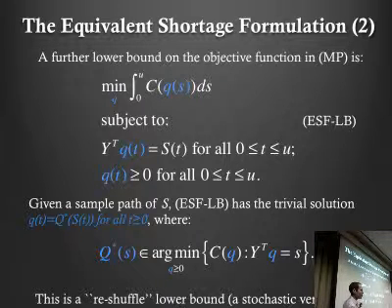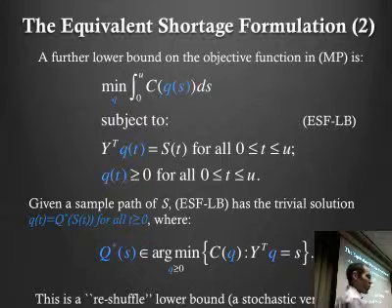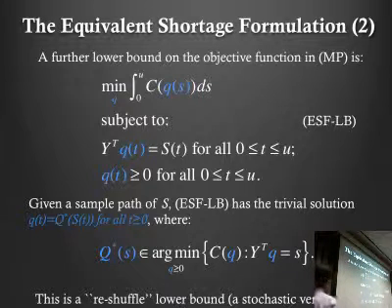At each time t, choose your optimal q such that these two constraints hold, and it must be optimal because I'm pointwise doing the best possible thing in this problem. And so the solution of this, as I pointed out, is at each given point in time, minimize C of Q such that Y transpose Q equals S. And this is the optimal solution to this trivial problem.